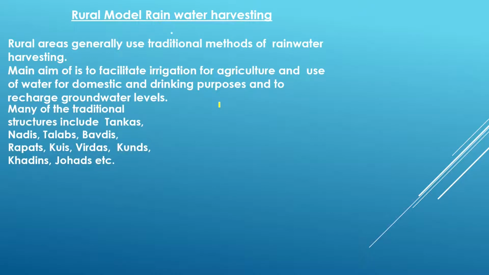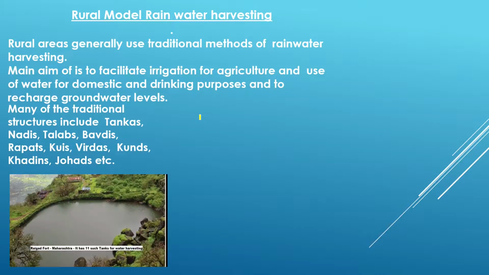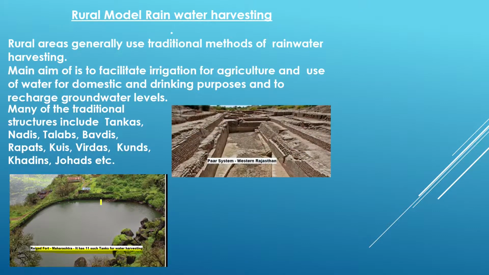Many of the traditional structures include tanks or tankas, nadis, talaus, bhavdis, raparts, quays, birdas, ponds, khadins, johats. Here we have seen in the Raigad fort of Maharashtra, it has 11 such tanks of water harvesting along the course of the slope.